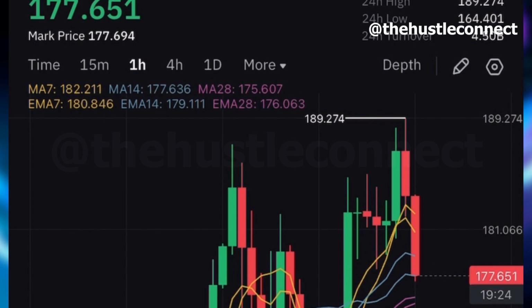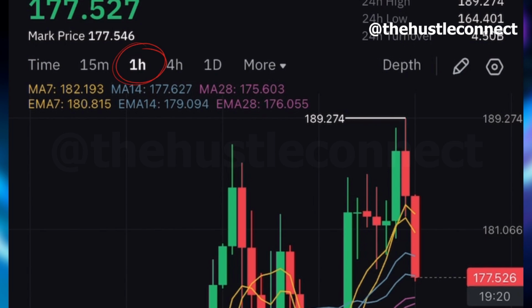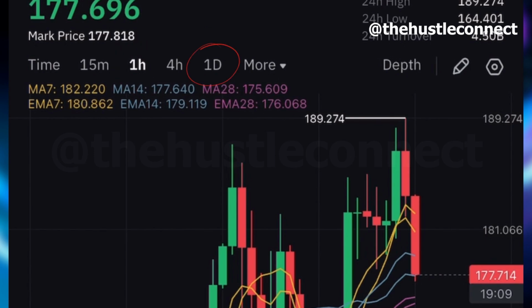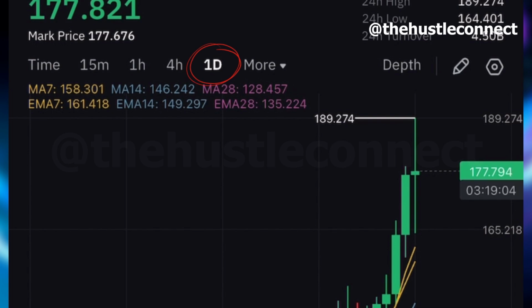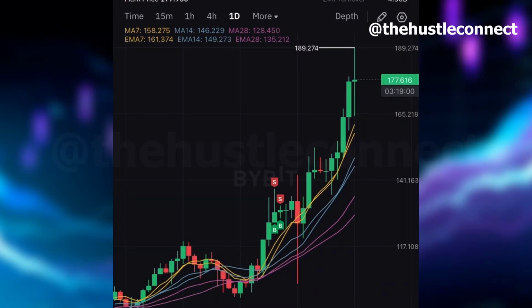If you set this at a 1 hour time frame, which is currently a 1 hour time frame, it shows how each candlestick is doing every single hour. Same thing goes for a day. When you set it to a day, it shows how this crypto has been doing. Every single candlestick, it doesn't matter if it's the red or the green, represents each day since SOL has been performing.